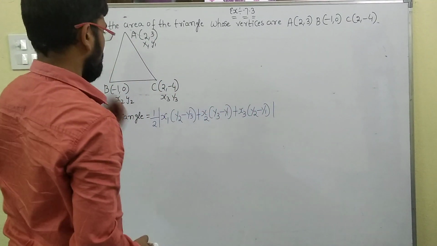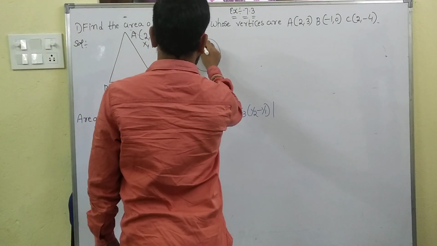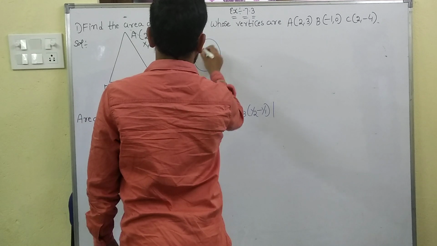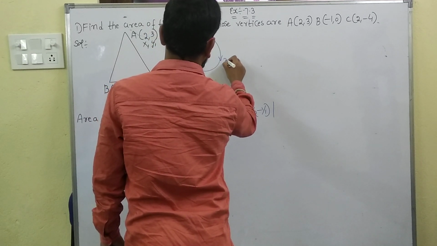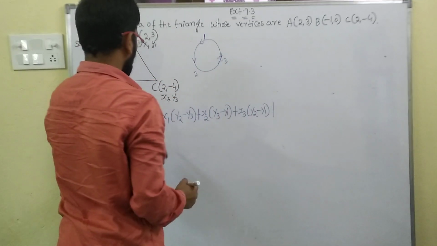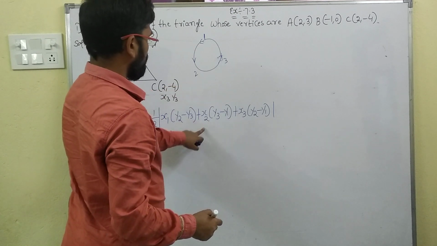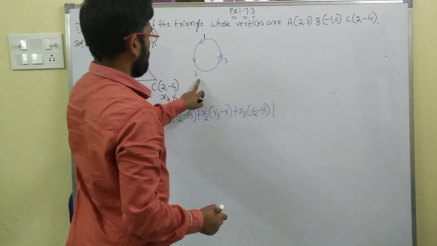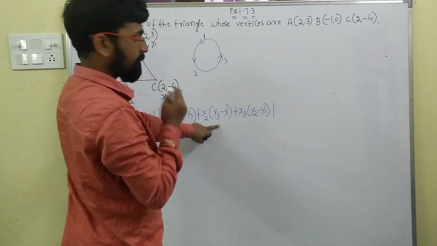So how do we remember this? Take a circle with 1, 2, 3. If you go with 1, then 2, 3. When you have 2, the next is 3, then the remaining number is 1. Don't mug up the formula.